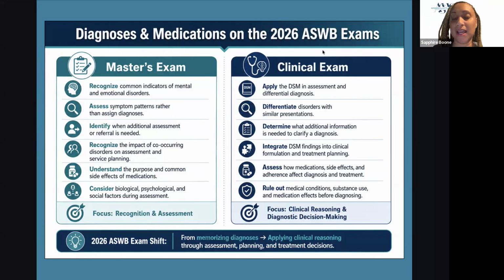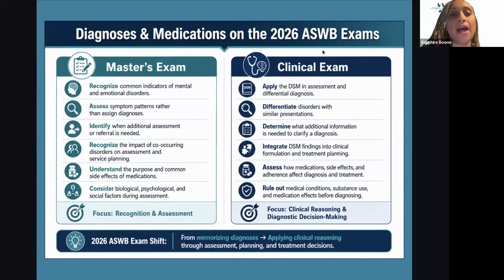Whereas the clinical exam is going to look more at how to differentiate disorders. So you have to know a little bit more than just the key features. You're going to want to know how certain disorders may present similar to other ones and how to distinguish them. You're also going to want to integrate DSM findings into your clinical formulation.